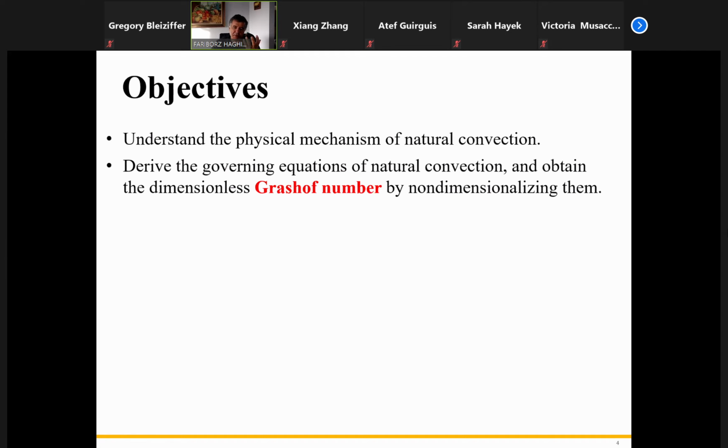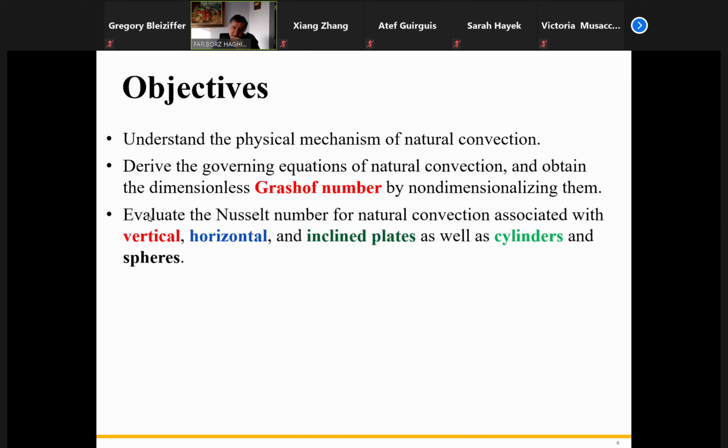Because in the Reynolds number, we're looking at the ratio of force to friction, right? Again, we have to find out exactly. We're trying to look at different cases and evaluate the Nusselt number.